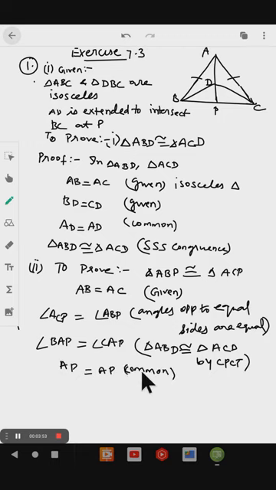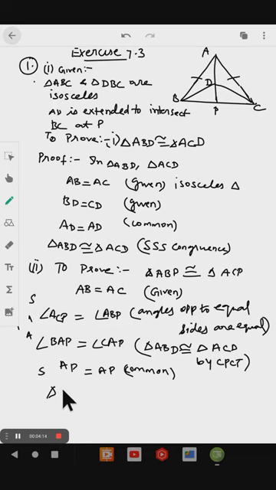So we are getting so many points here. From the side angle side theorem, or the angle side angle theorem, we can prove it.